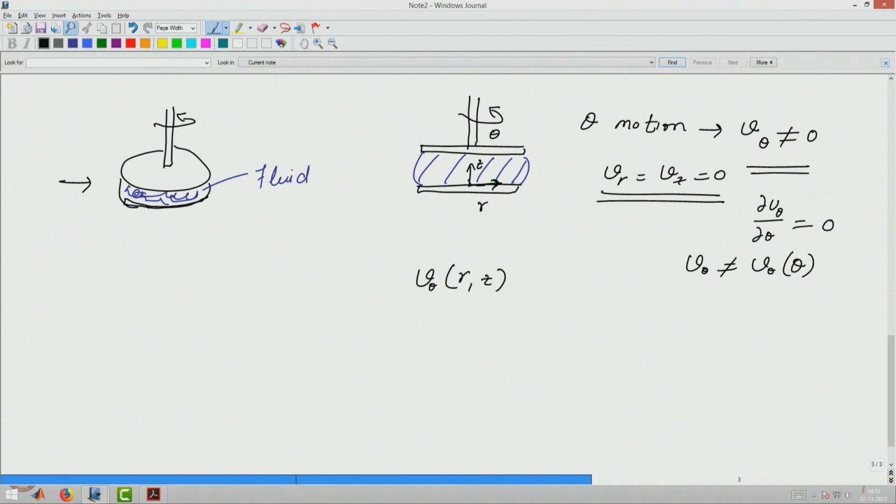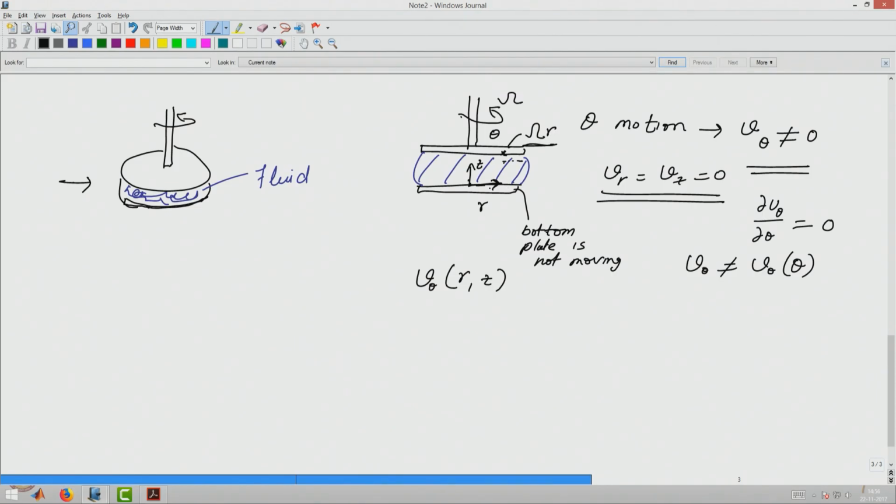Now, again it helps us to look at why this could be the case, given that the top plate is rotating. At any point the velocity is going to be, let us say this rotation rate is omega, so anywhere velocity is going to be omega r. So, if you look at any fluid element here, it is going to be driven based on this rotational velocity, and of course, the bottom plate is stationary. Since the bottom plate is not moving, the velocity at the bottom plate is going to be 0.